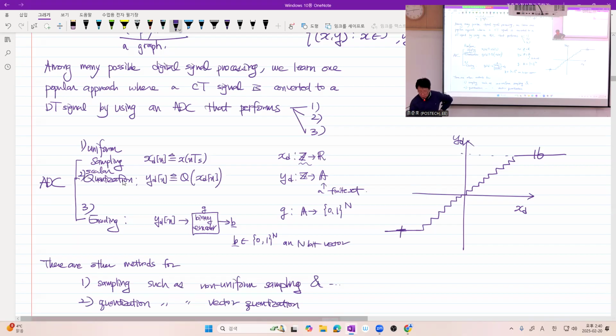And for example, you assign 4 zeros here and 4 ones here. That is what? That is the encoder. So first, x_d to y_d. This is called scalar quantization, or the system that does this is called a scalar quantizer. And then this quantized signal, for example, may be some number 15, and then maybe some number 14.5.